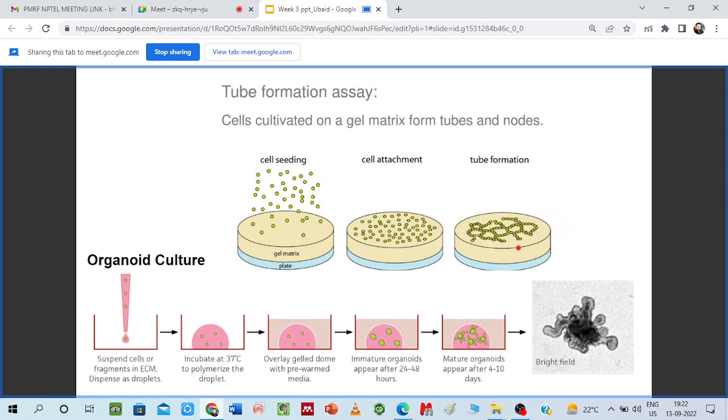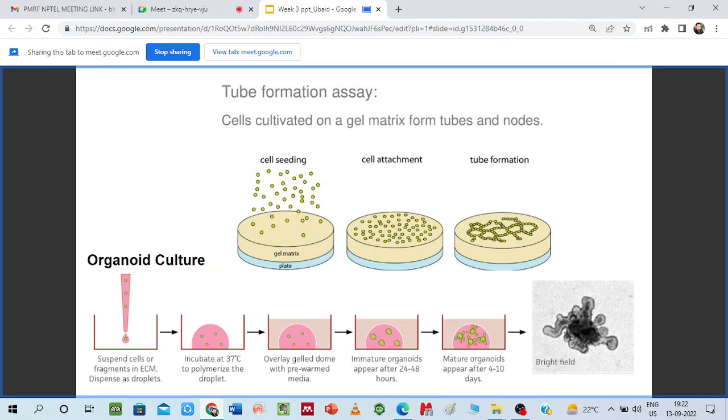These endothelial cells arrange themselves in such a way that they form tube-like structures. This is the endothelial cell angiogenesis assay, where we show whether any potential molecule has angiogenic potential or not.